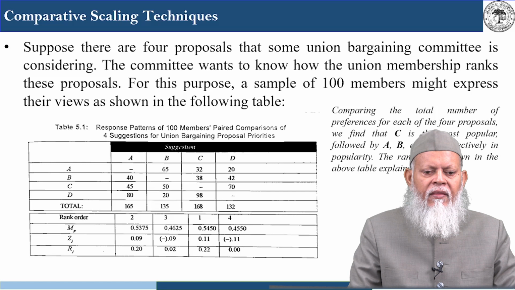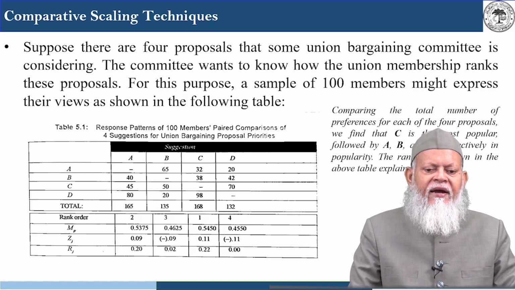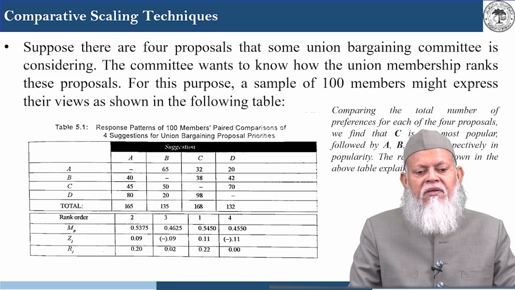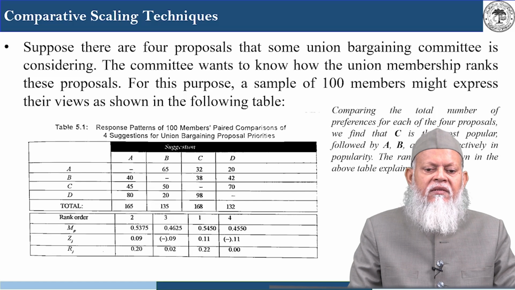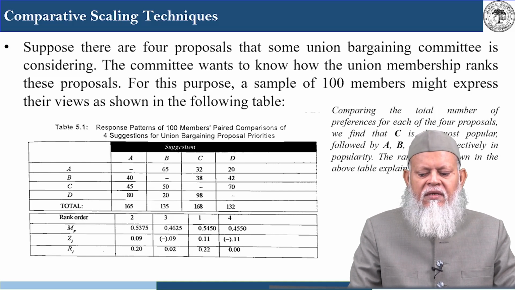0.4550, and then depending upon these we have to find the Z values. The Z values we do not have to calculate; these are given in the back of all the important statistical books. So, we have to write the Z values here and then the R values.